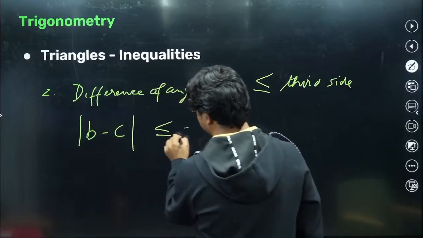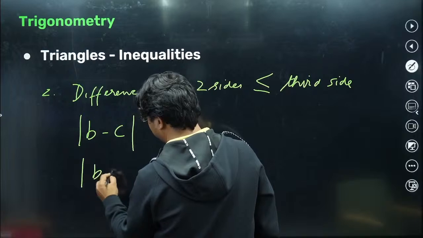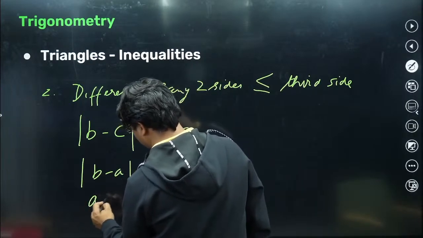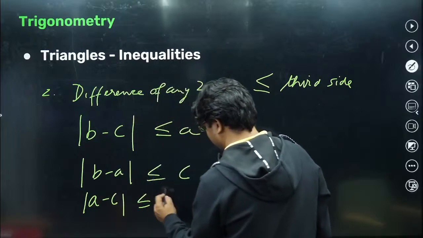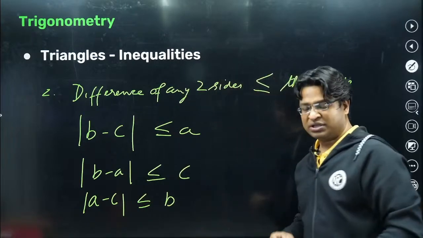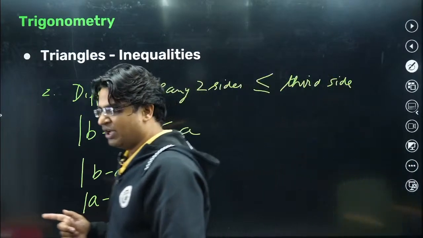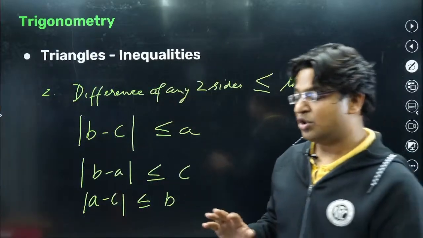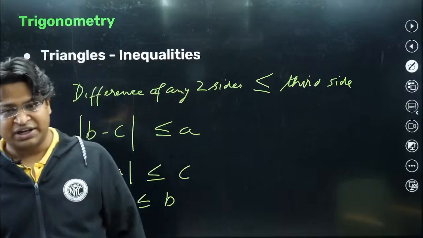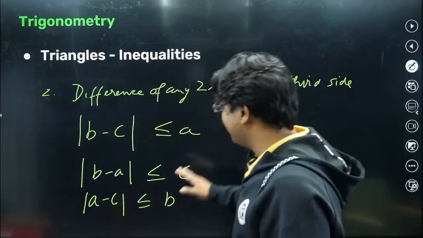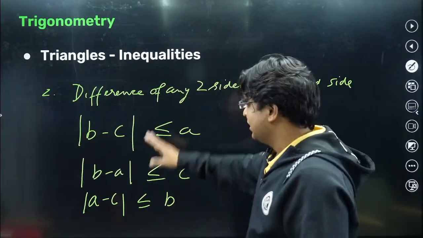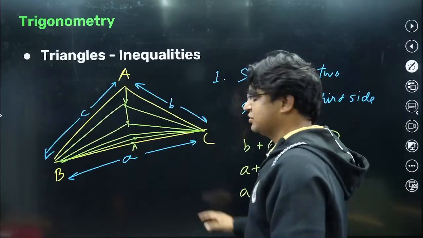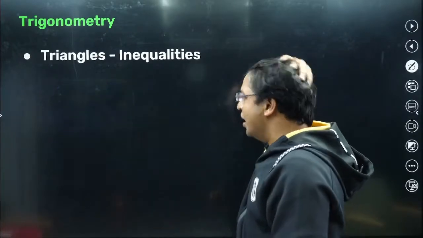So this will be less than a. Similarly, mod of b minus a will be less than or equal to c, and mod of a minus c will be less than or equal to b. So the sum of two sides is always greater than the third side, and the difference of any two sides is always less than the third side, if the triangle is not of zero area. Then the equality will not hold in this, and in the previous one also.